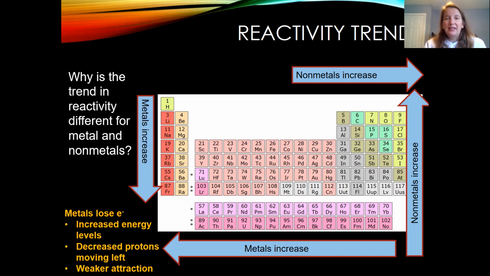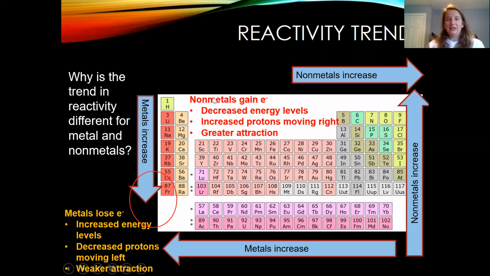And also moving left across the period means that we have fewer protons, which means we have a lower nuclear charge. So again, the attraction is weakest. So when we're looking at the periodic table, this corner down here has the weakest attraction out of all of those atoms.